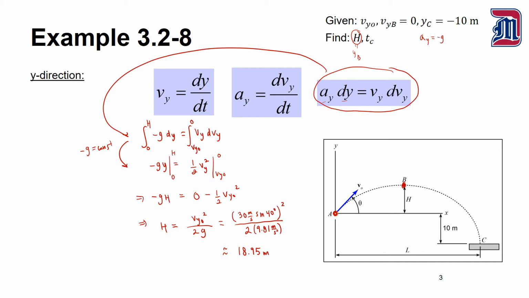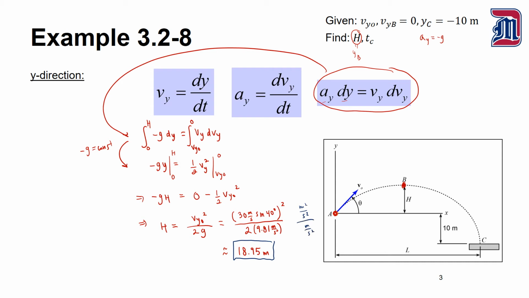And so, again, it's always good to carry our units through. So as a kind of a double check that we're using the right equation, a sanity check. In the numerator, we had meters over seconds, and we squared that quantity. So in essence, in the numerator, we had meters squared and seconds squared. In the denominator, we had meters per second squared.